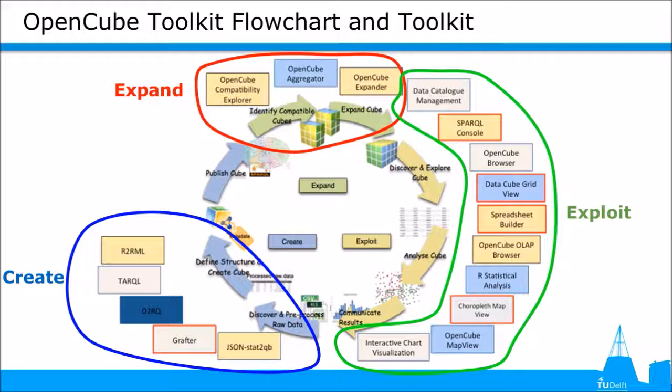The second part is expanding the existing data cube, including OpenCube Compatibility Explorer, OpenCube Aggregator, and OpenCube Expander. And the last part is exploiting the data cube, which is the hardest part, which involves tools for searching, querying, visualizing, and analyzing the data cube. For example, R statistical analysis, you might probably know, and interactive chart visualization.